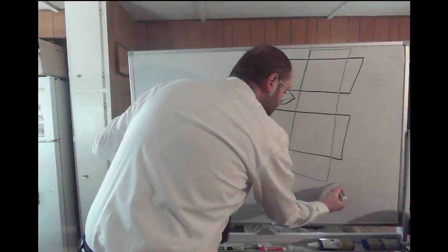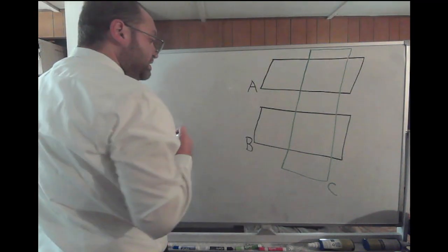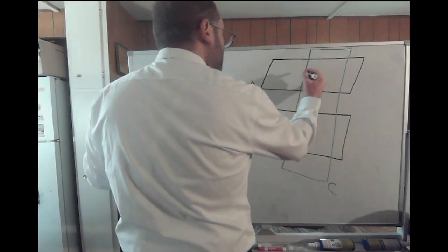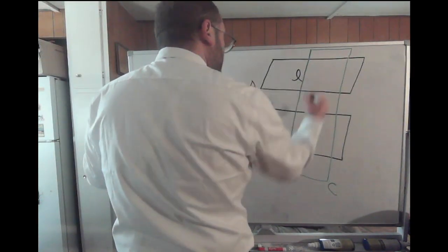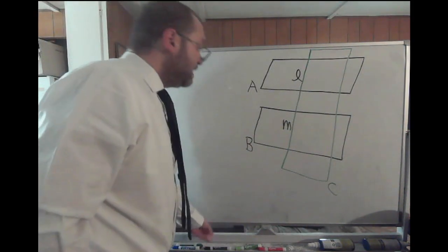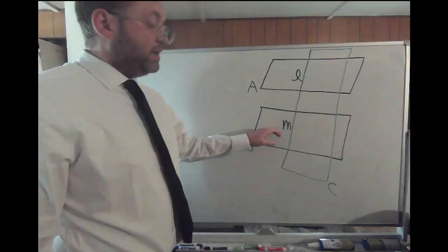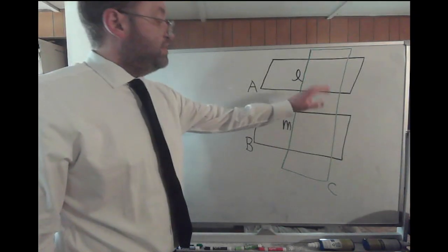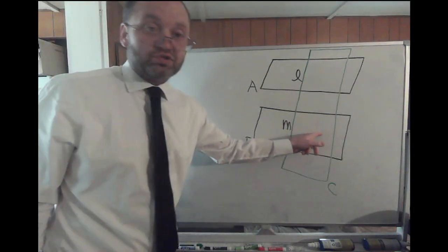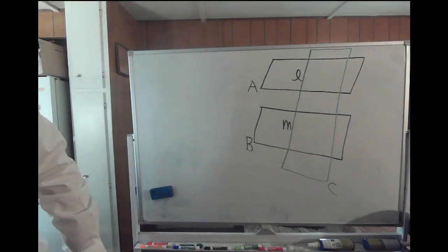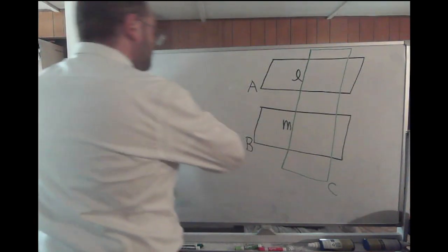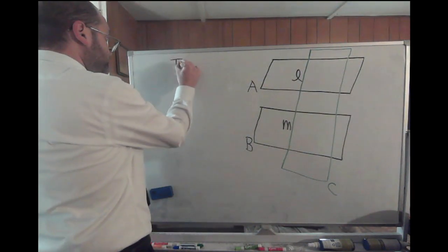We will call this plane C. And then what we have here, line L, line M. Okay, so if you have two planes that are parallel, and then you have a third plane that intersects both of those planes, that third plane is called a transversal plane. So you can have what's called a transversal plane.